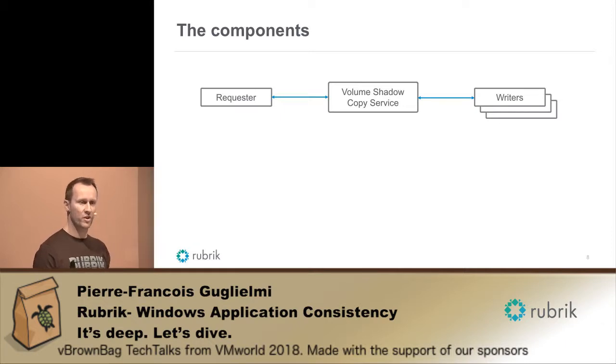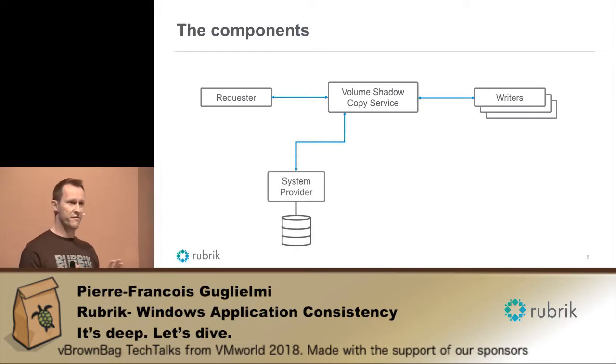So the writers in the framework are components that will be responsible for making sure that the applications that are running will actually quiesce in a consistent state, which means that no transaction or incoming I/O or anything in memory or in a buffer or in a cache is lost during the operation. So if buffers or caches have to be flushed to disk, or if in-memory transactions have to be committed, then this is the role of the writers to do this. Okay? They are preparing the applications for online backup.